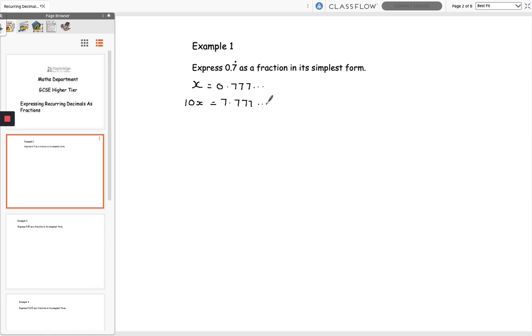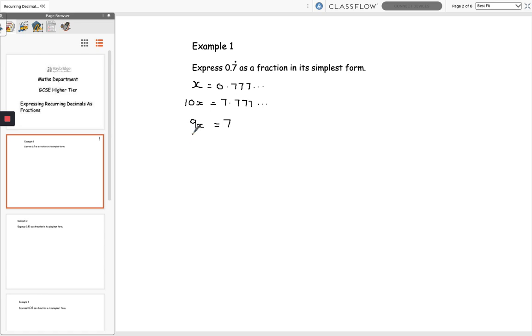I'm now going to find the difference between these two equations. So I'm going to subtract the first one from the second one. So 10x take away x will give me 9x. And 7.7 recurring take away 0.7 recurring will give me 7. And I've now got a nice simple linear equation which I'm going to solve.